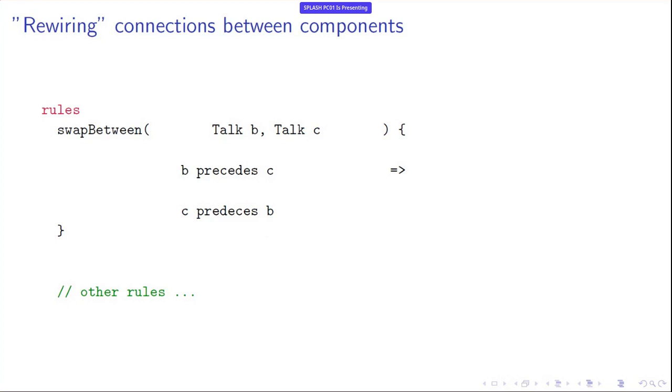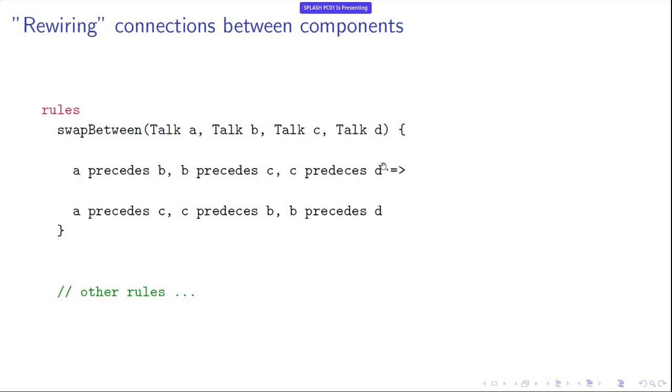So for this particular rule, we are swapping in the middle of the list. So we need some additional context. We need the talk before and after these two talks which we are swapping, so A and B. And this rule will expect an A, B, C, D order, and then establish an A, C, B, D order. Yeah, swapping B and C, really.